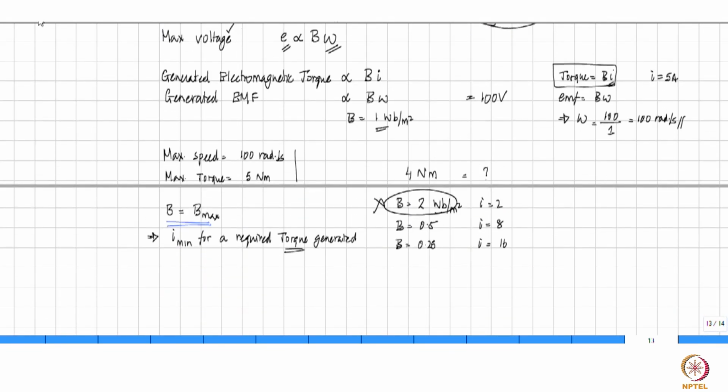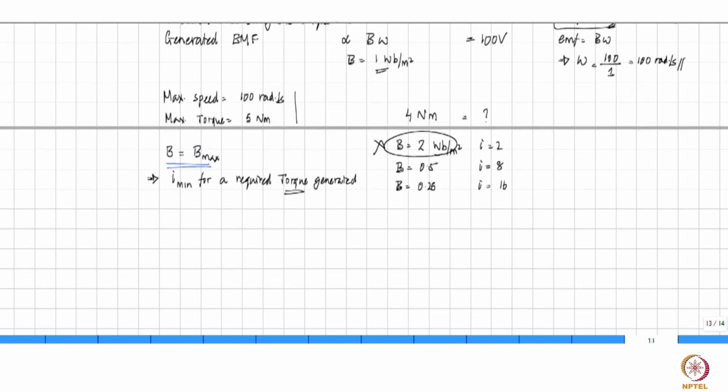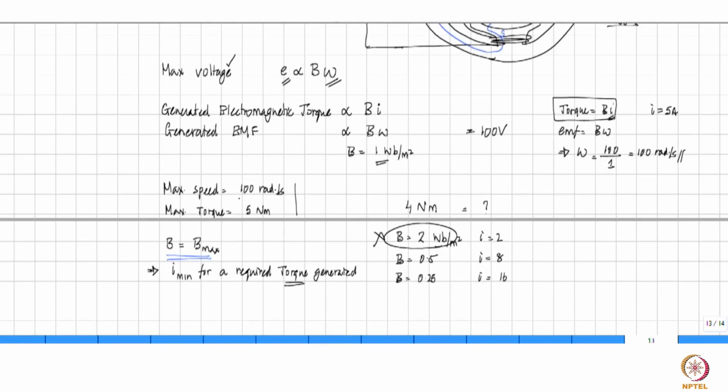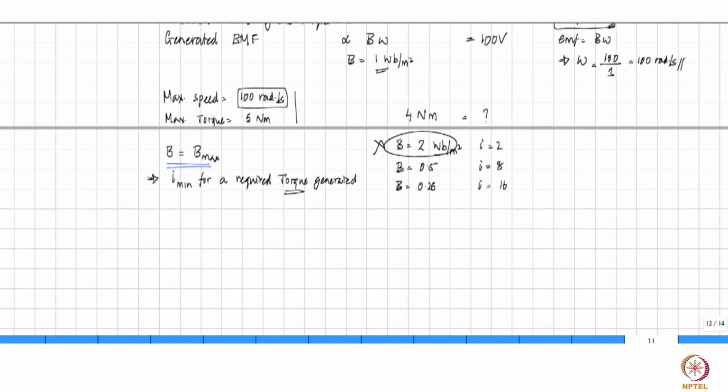But there are application requirements where you will need to go beyond the maximum speed of 100 radian per second in this example. Let us now say that you want to go to a speed of 300 radian per second.